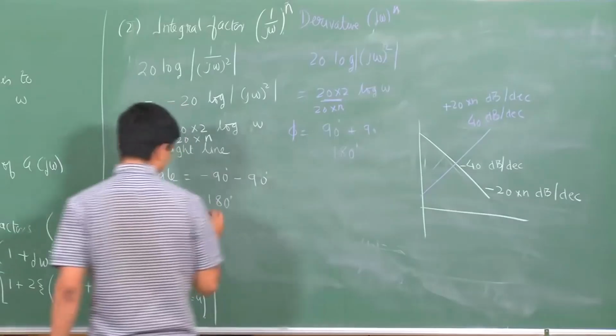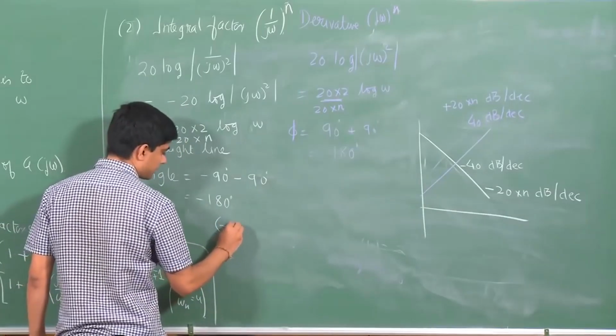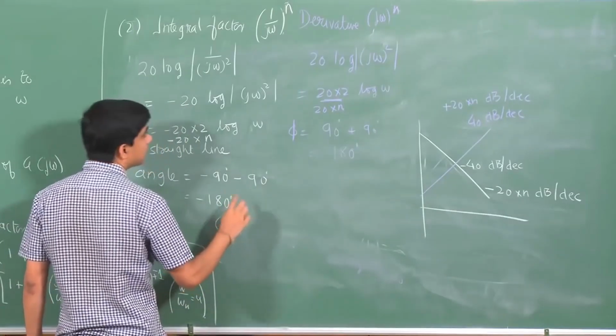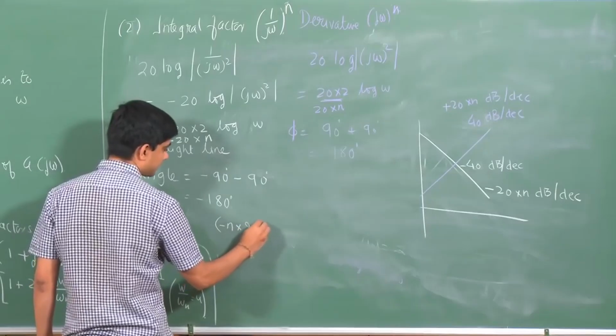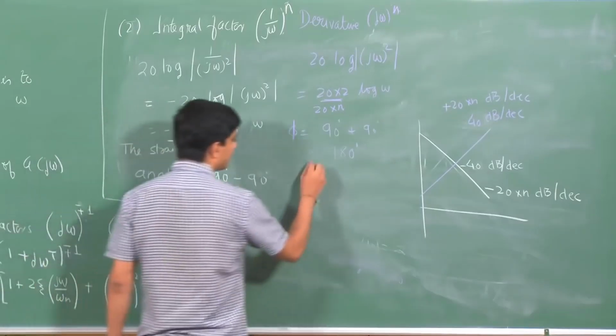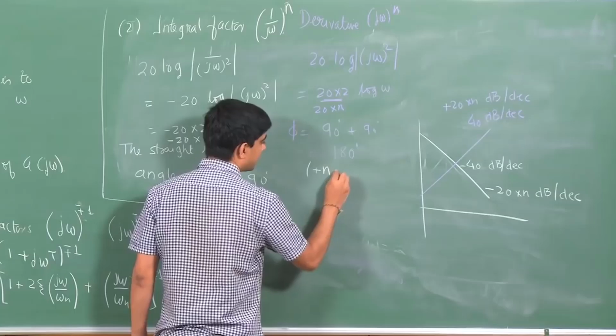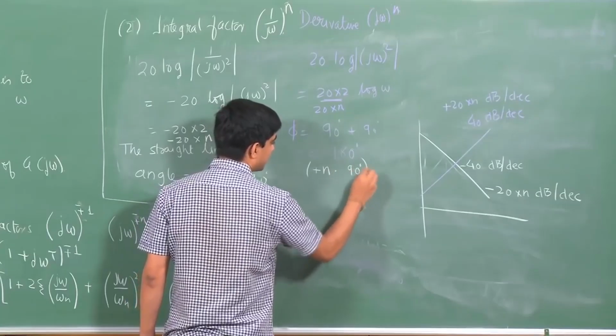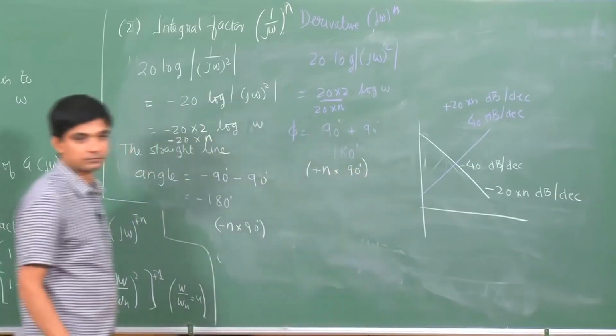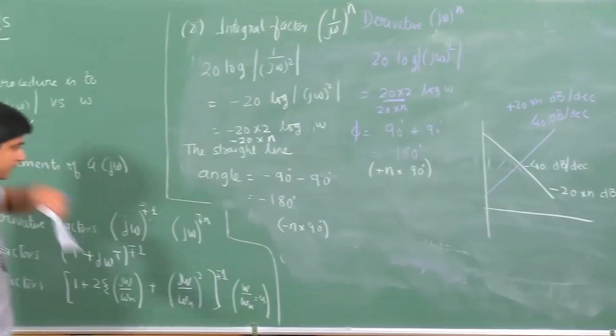So the angle would be minus n times 90 degrees, and the angle here would be plus n times 90 degrees. Okay, straightforward.